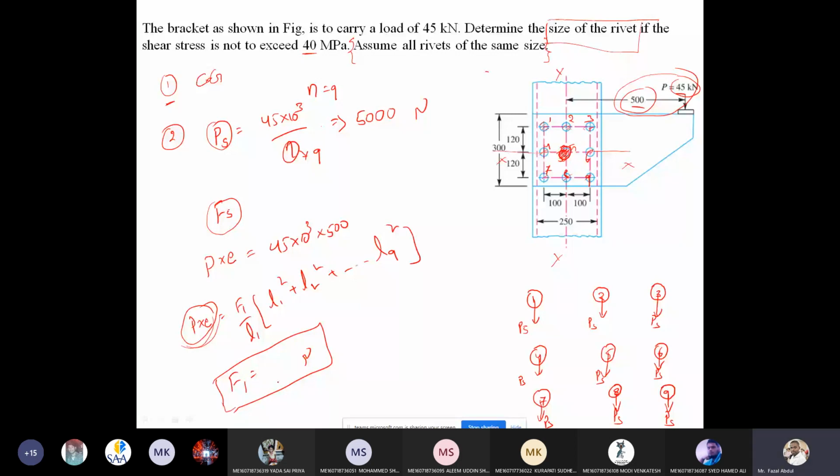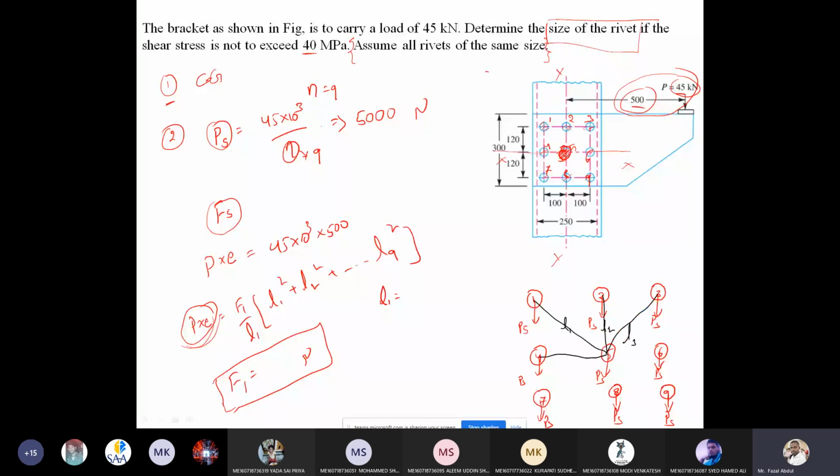L1 is the distance from the center of the rivet to the center of gravity of the whole system. That is L1. L2 is likewise the distance from the rivet to the center of gravity. That is L2. This one is L3.